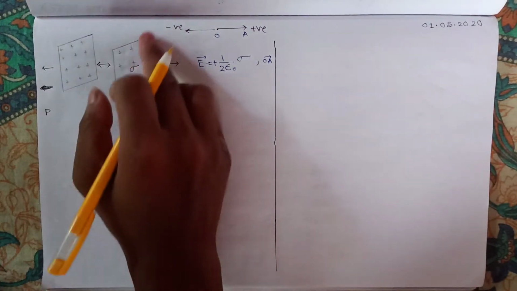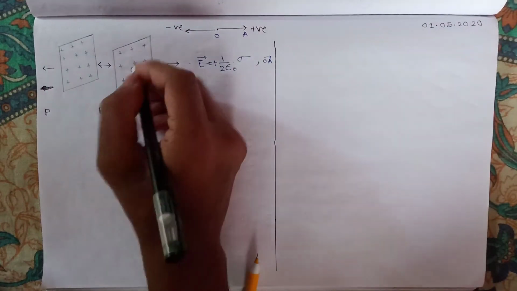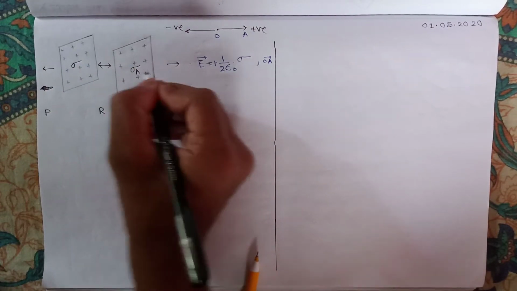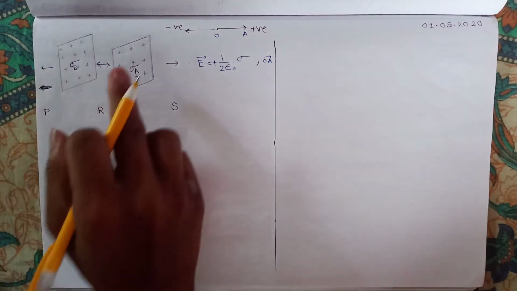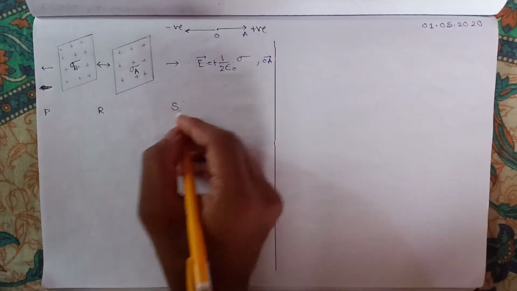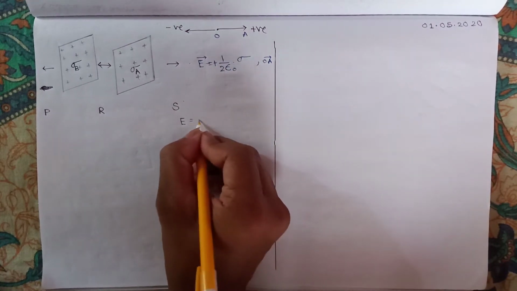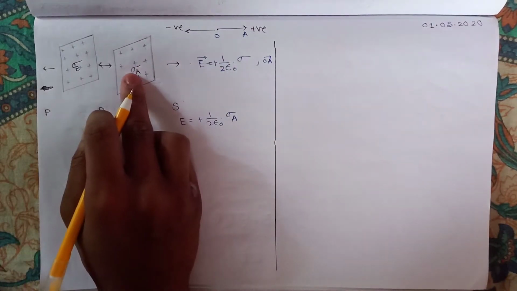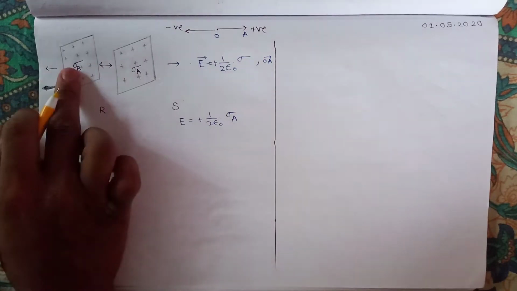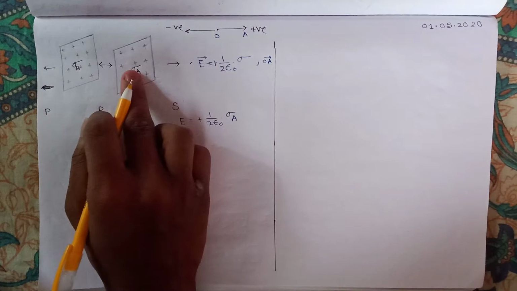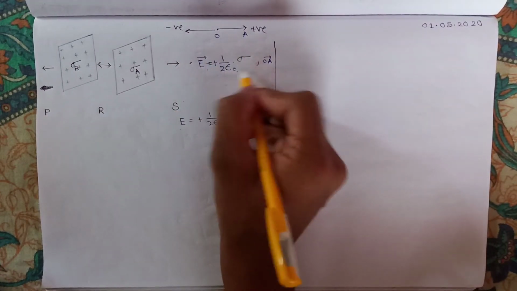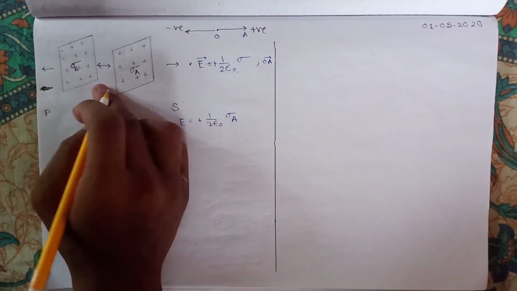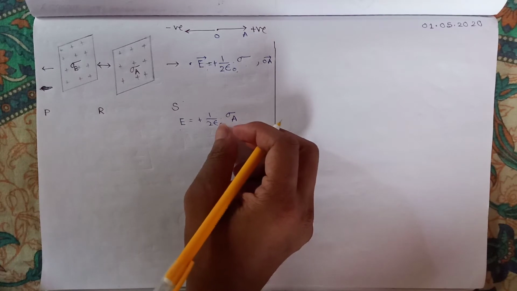Let's take the surface charge density for the two plane sheets as sigma A and sigma B. For the first plane sheet the electric field in the S direction is plus 1 by 2 epsilon naught sigma A, and the same for sigma B, since this point is also on the right-hand side of sigma B. This electric field is independent of the distance from the plane sheet; it depends only on the charge density and the permittivity of the medium.